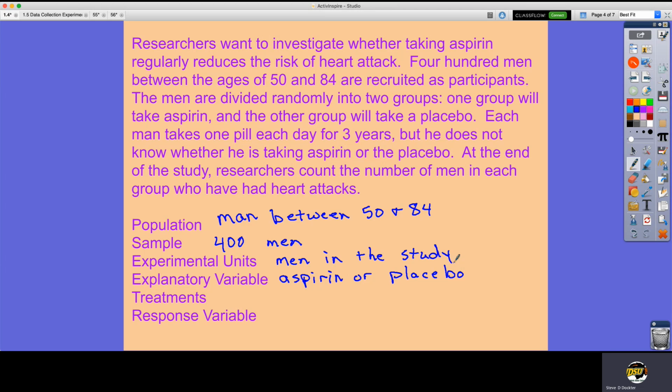The explanatory variable and the treatment happen to be the same thing here. Part of the group is going to get aspirin, and part of the group is going to get a placebo. And then the response variable, what kind of response are we looking for here? This has to do with the heart attacks, so whether the man had a heart attack or not.